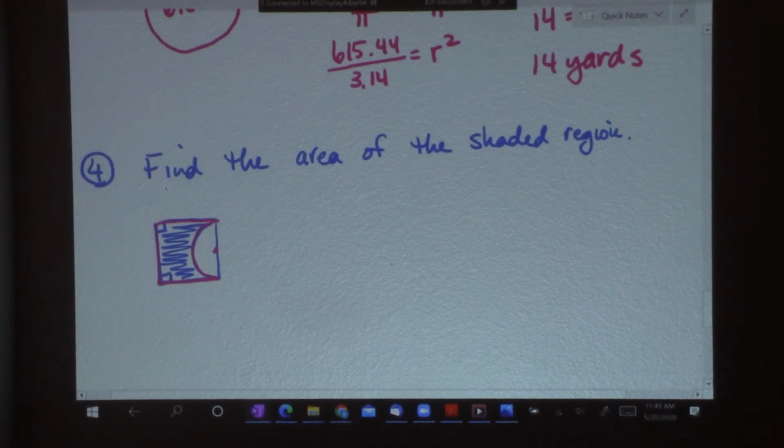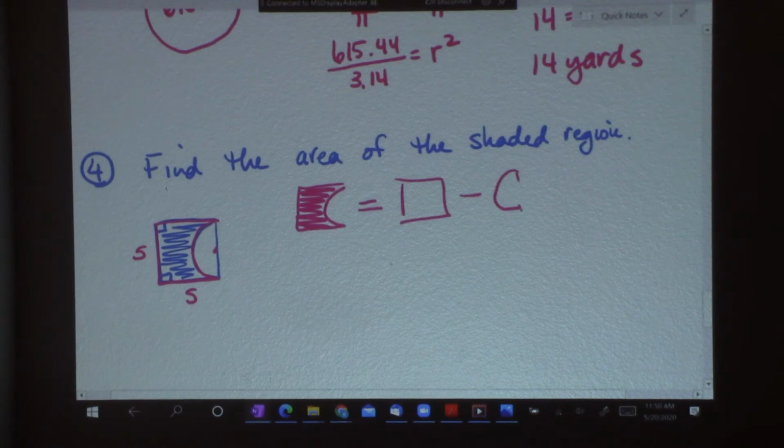So you have to look at it and ask, how am I going to figure that out? Well, my shaded region is equal to the whole thing minus half a circle.